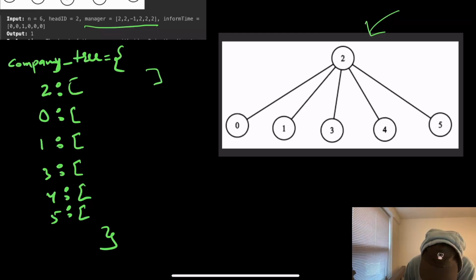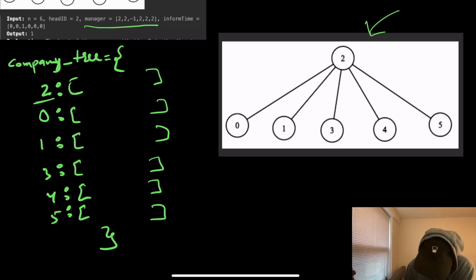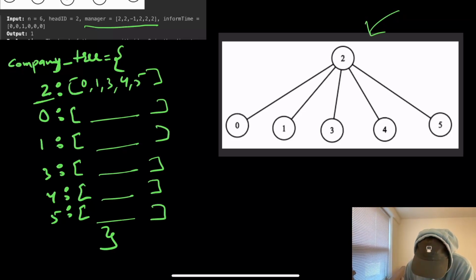Now here if you see, it's only 2 that has all these employees under his management. 3, 4, and 5 are empty.